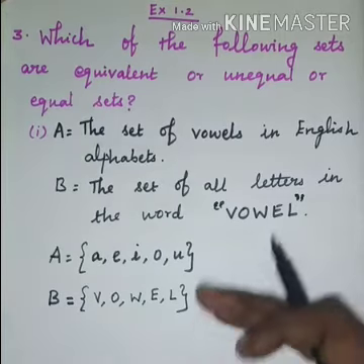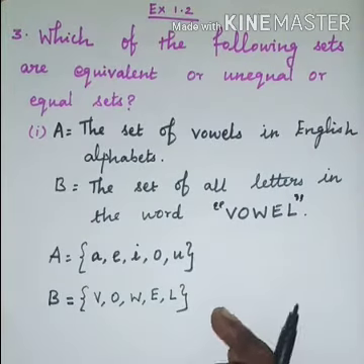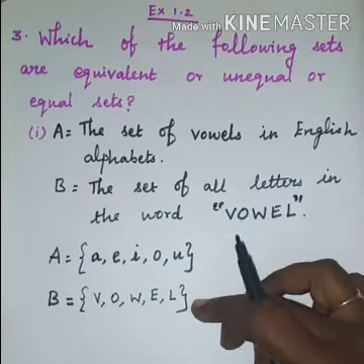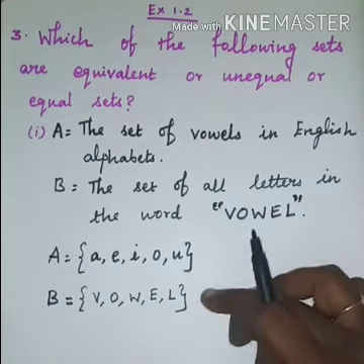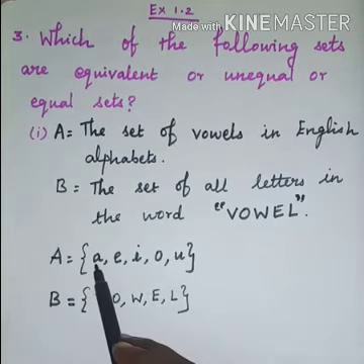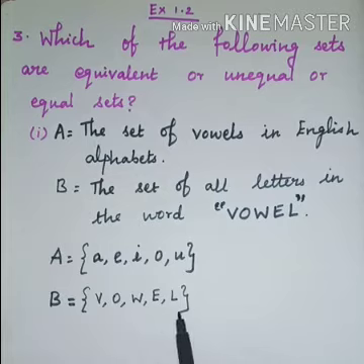So we wrote these two sets in roster form. Do A and B have exactly the same elements? A is there, but here no A. So these are not equal sets.